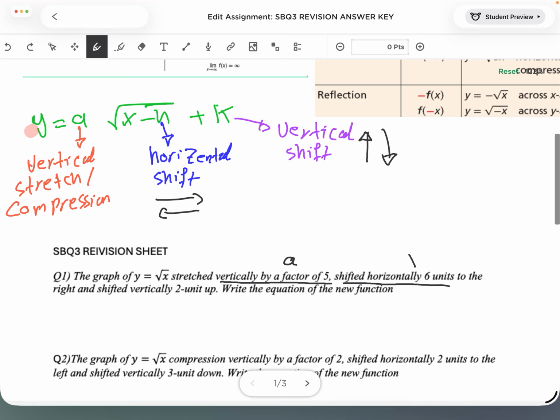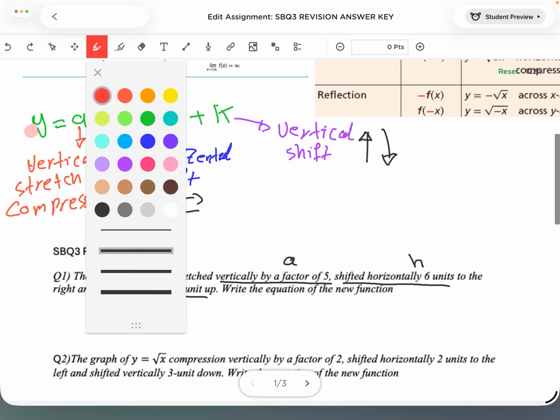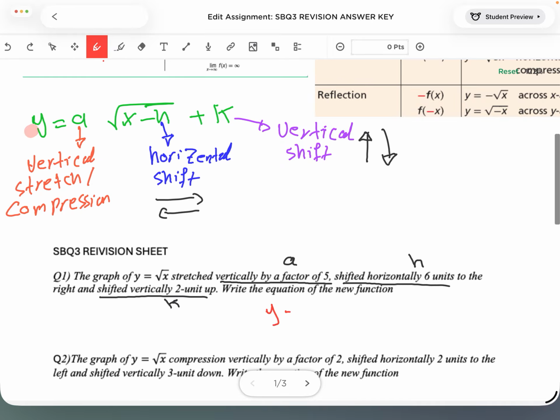So this is H. And shifted vertically 2 units up, so this one is K. So I will replace. So the equation will be Y equals 5 square root of X minus H, which is 6, plus 2. That's it.